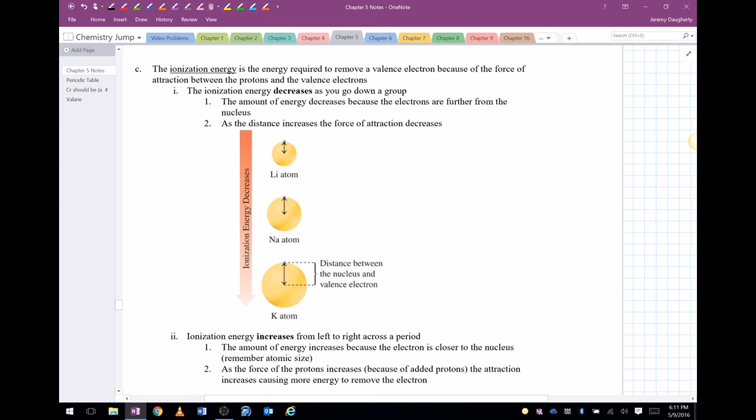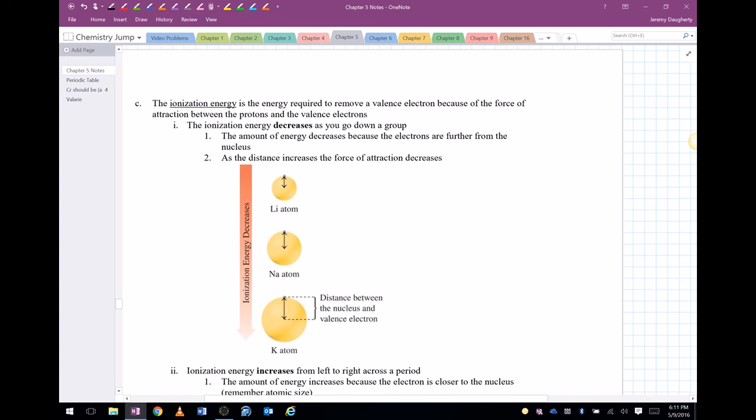Ionization energy is the energy required to remove a valence electron. Okay? And energy is required because of that force of attraction that we just talked about. So the force of attraction between the protons and the valence electrons. So here's the rule. The smaller the atom, the greater the force of attraction.